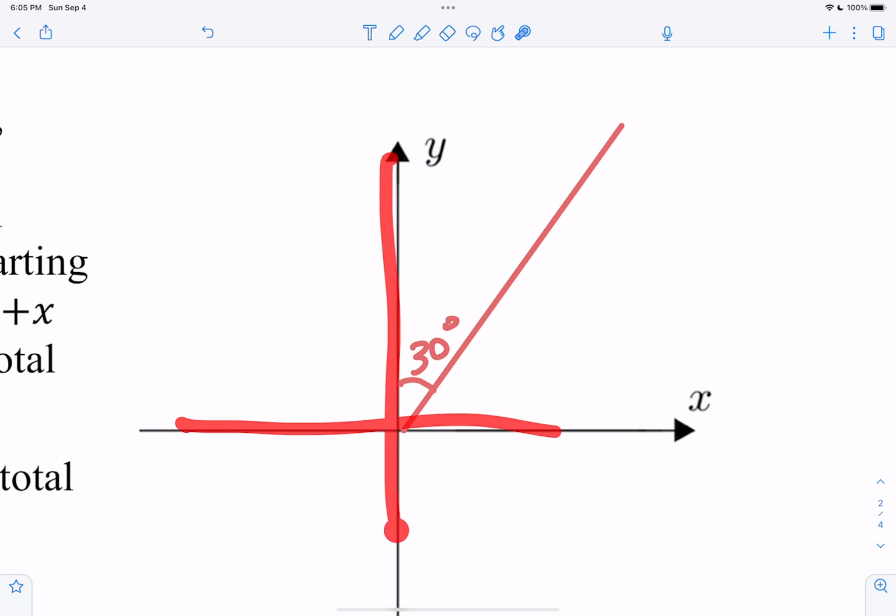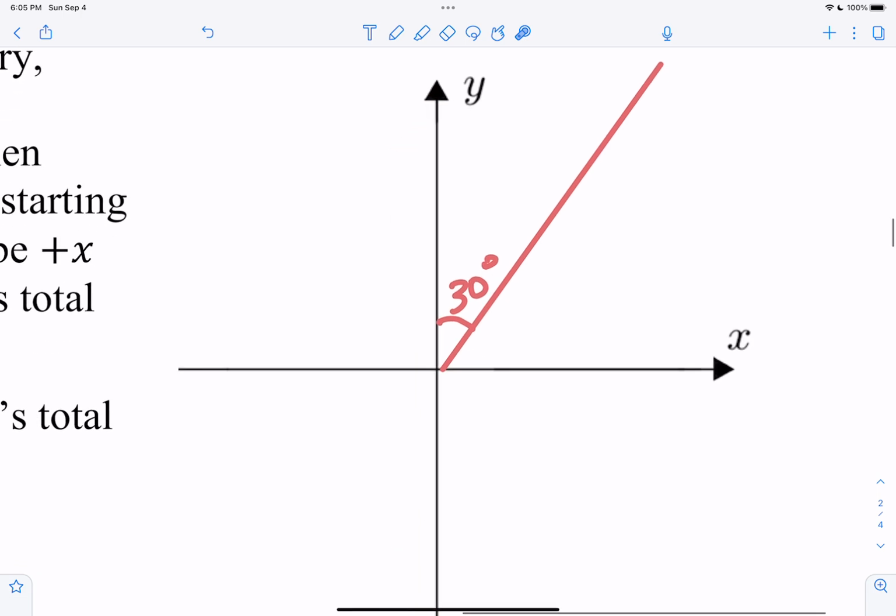On the normal coordinate plane that we see here, it should be this angle there. If we wanted to draw 80 degrees west of north on this coordinate plane, it would look kind of like this, because this whole thing would be 80 degrees, and this little sliver here would be 10. So 80 plus 10 is 90.